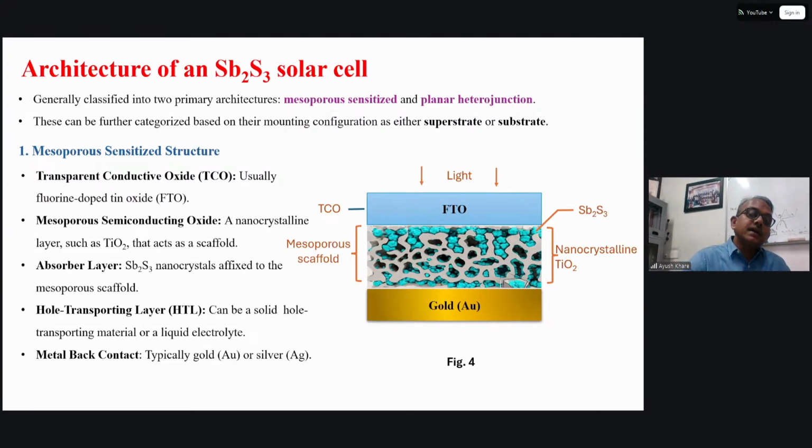And there has to be a hole transport layer, HTL. In certain materials, an electron transport material is also there. Its job is to extract holes from the absorbing layer and make them move towards the external junction, and there has to be a metal back contact also. Generally preferred metal contacts are either gold or silver.